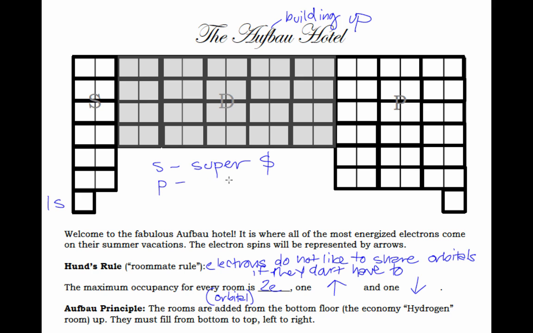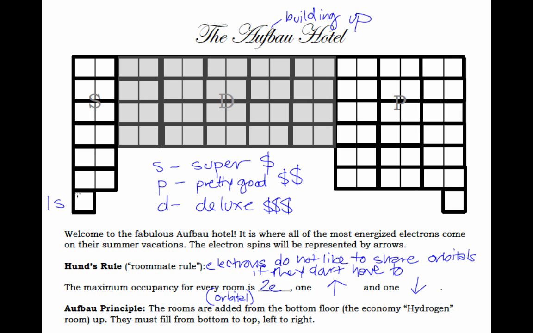The p orbitals will be the, I don't know, pretty good rooms, which doesn't sound as good as super, but that's okay. They'll say they're $2 signs. D will be deluxe, and they're $3 signs. So we have to fill up this whole bottom part of the periodic table before we can get to the d orbitals.